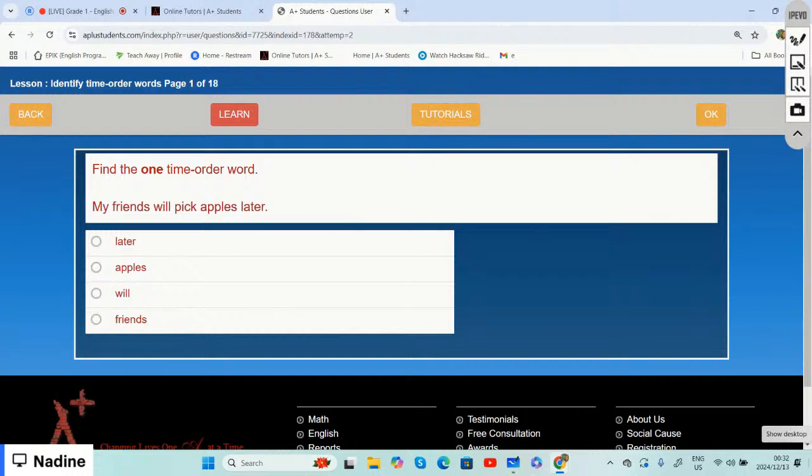Remember, a word that tells us when it will happen. Not the word will, but a word that will tell us when it will happen.